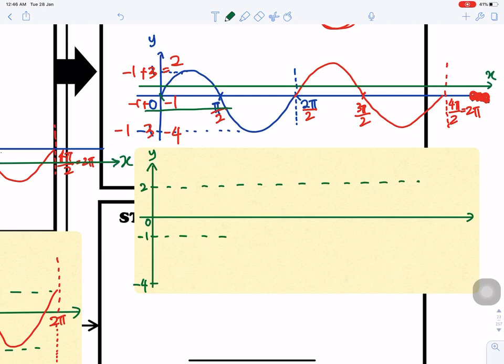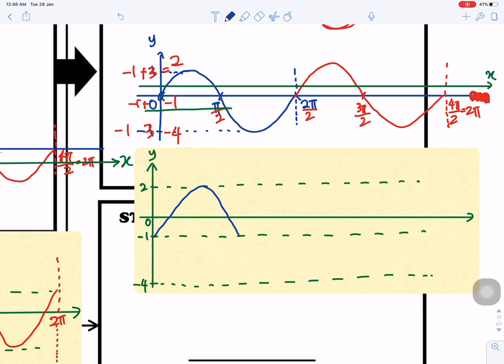Use a dotted line so that you can draw properly. Okay, let's choose a color. Let's start from -1 to 2, so draw -1 to 2, one complete cycle.